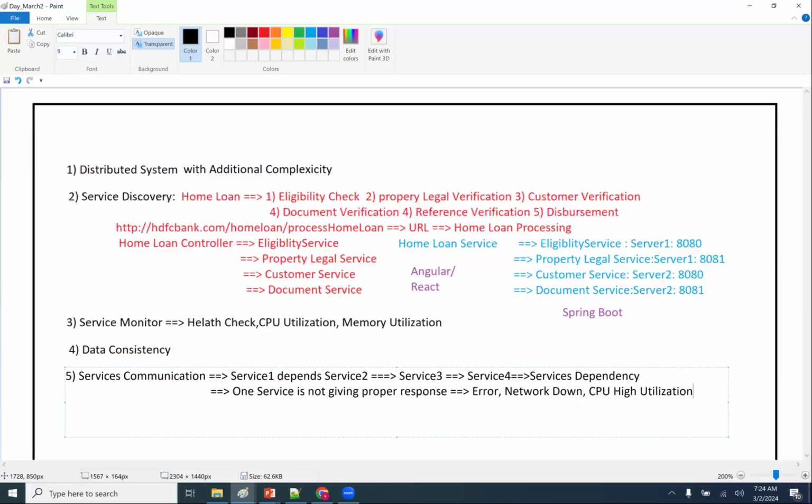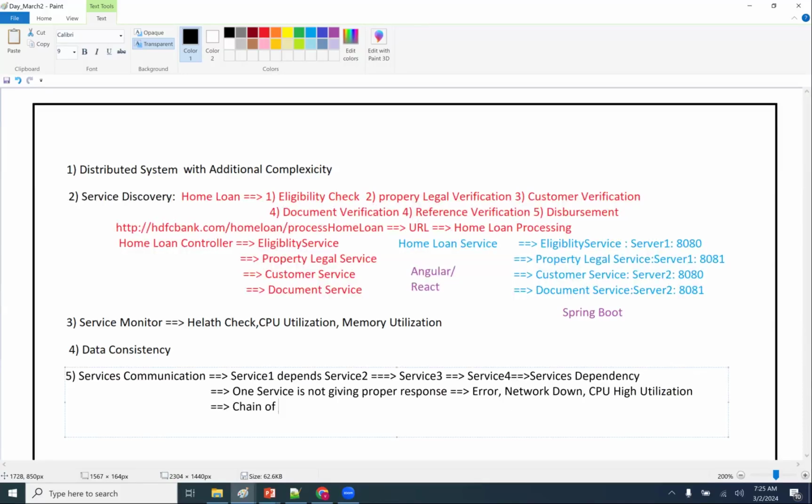Service 1 called, service 2 called, and service 3 called, but service 4 we are not able to call. So in services communication, we have a chain of microservices, guys.